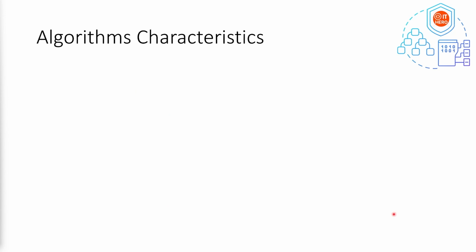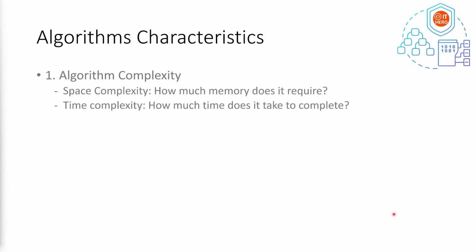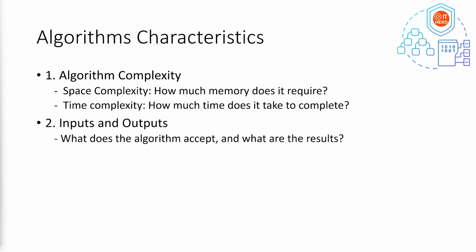Let's talk about some algorithm characteristics. We will talk about the complexity of algorithms. For example, the space complexity, which means how much memory an algorithm requires. Also the time complexity, how long it takes for an algorithm to complete. We talked about the inputs and outputs, what an algorithm accepts as an input and what the results are.